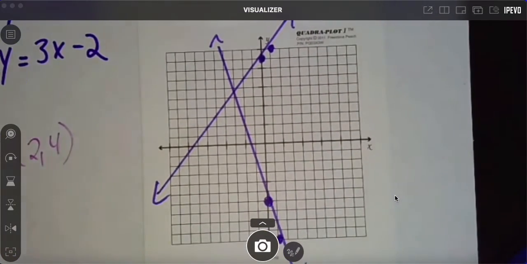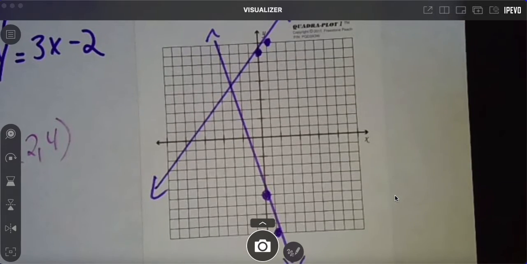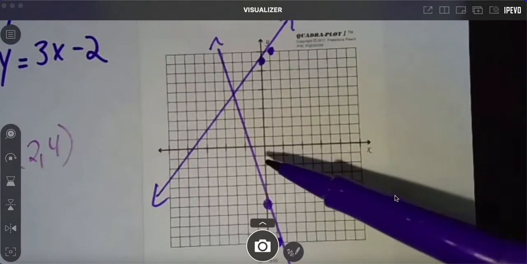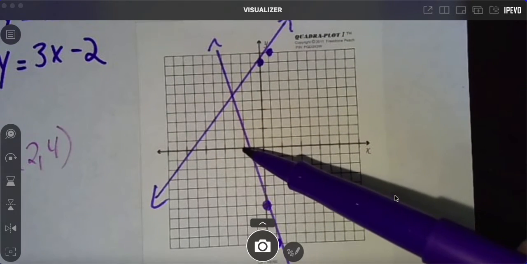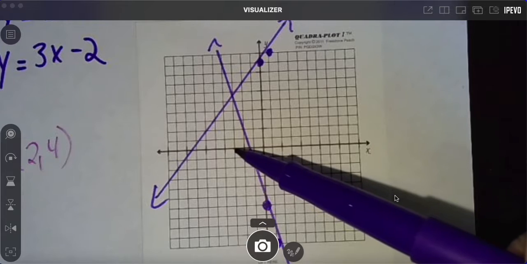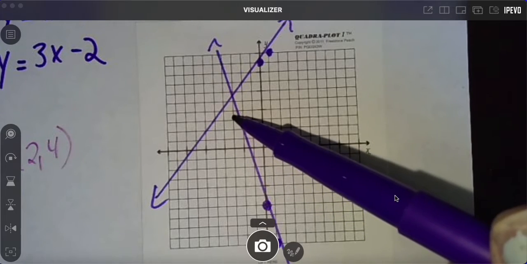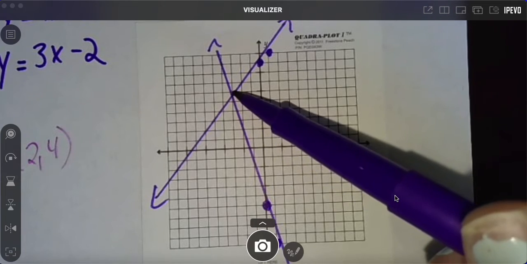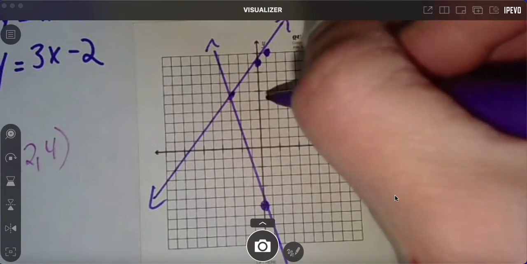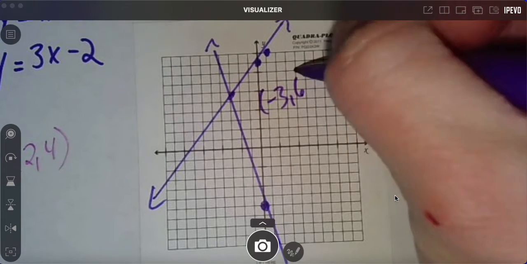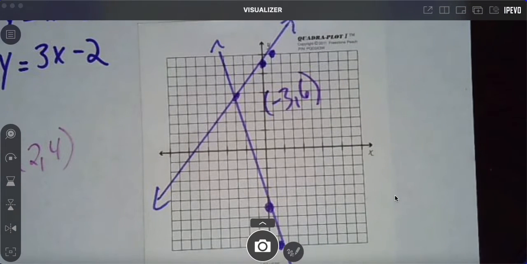But I can kind of tell about where it is. I know I'm going to the left, 1, 2, 3. Now let me go up. 1, 2, 3, 4, 5, 6. It's left 3 and up 6. So it looked like it was somewhere between 5 and 6. I would have accepted that answer, okay?